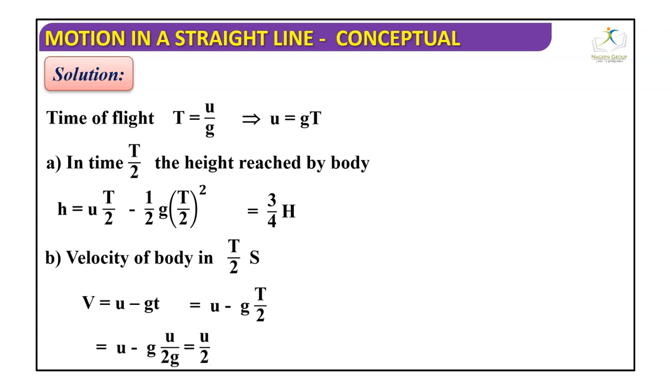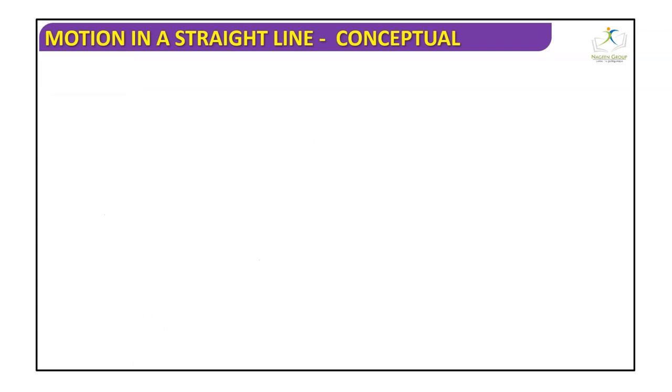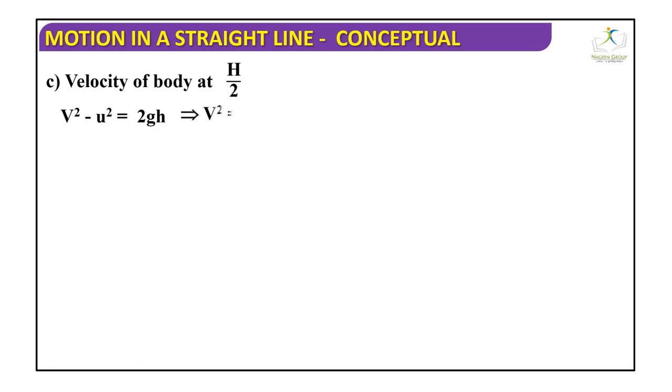From here, we can say t is nothing but u by g, so u minus, again g will be divided, so the final answer will be u by 2. Third is the velocity of the body at h by 2. Applying the third equation of motion, v square minus u square is equal to 2gh, which gives v square is equal to u square minus 2gh.